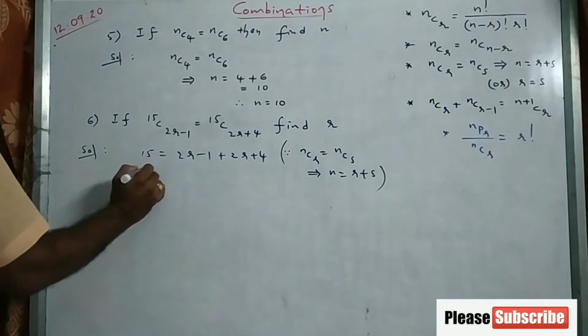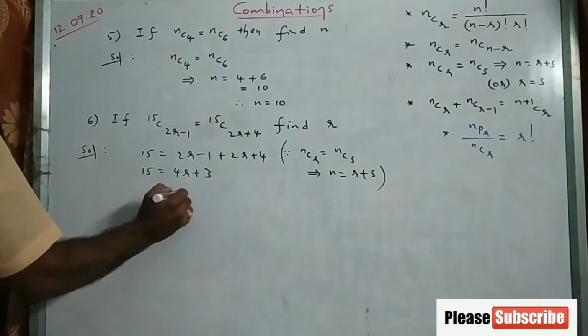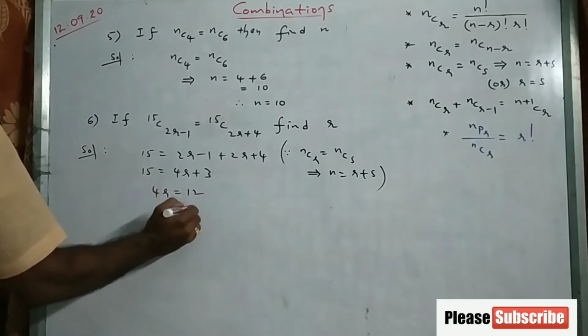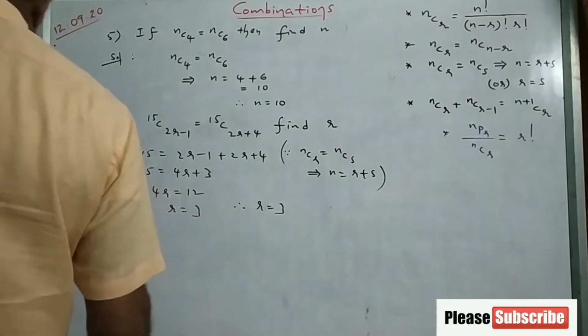So 15 equals 4R plus 3, 4R equals 12, R equals 3, since 4 threes are 12. So R value is 3.